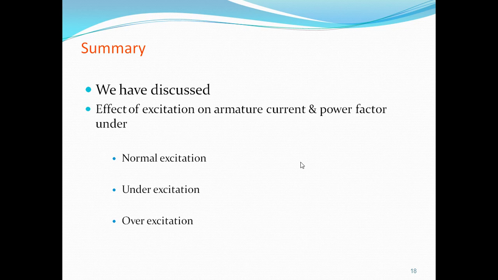That is one condition. Suppose the excitation is reduced, then EB is less than V. Hence ER is advanced in the clockwise direction, and so the armature current also moves in the clockwise direction because theta is constant.